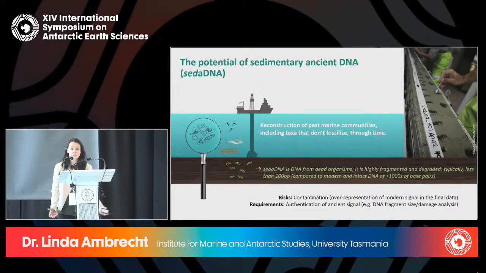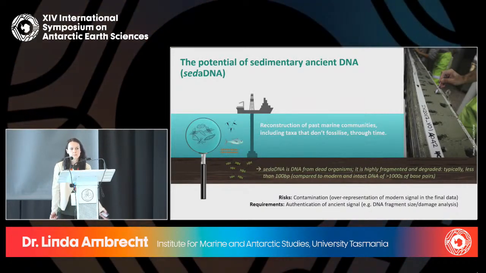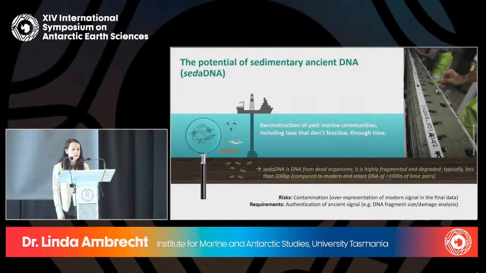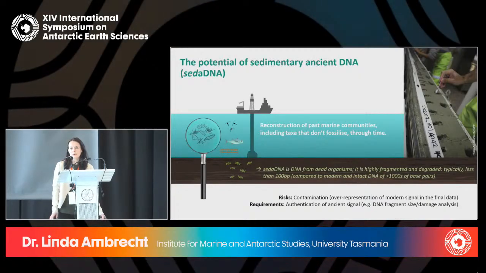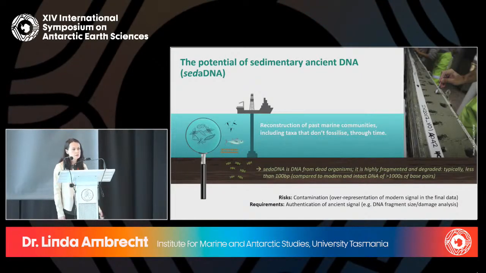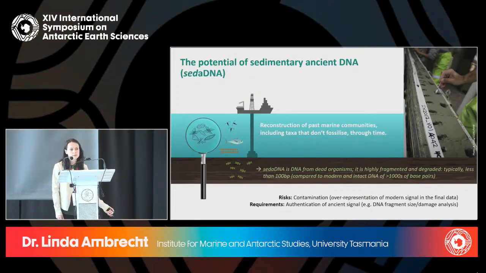This is great because when we look at ancient DNA from the seafloor, it's a bit like doing forensics on the seafloor, and we can look at communities across the entire food web. So we can see signals of viruses, bacteria, eukaryotes, phytoplankton, zooplankton, fishes, all in one go.